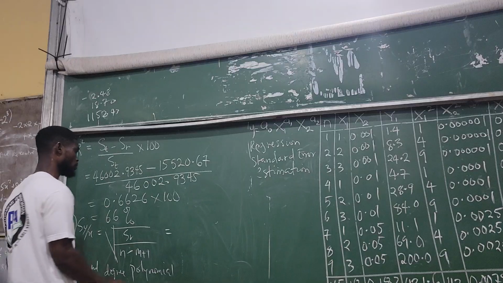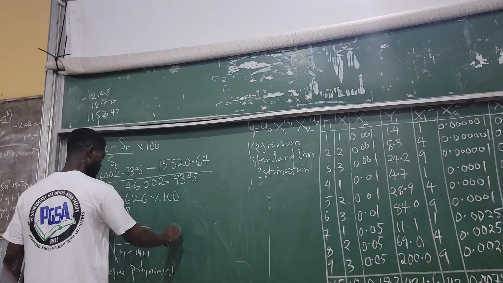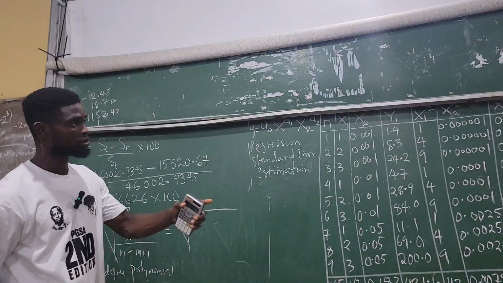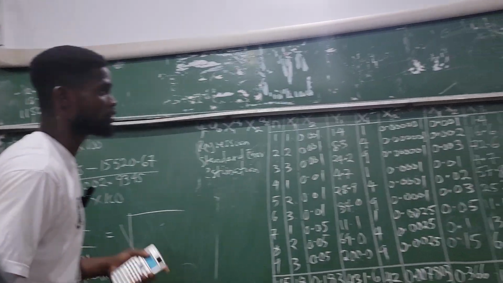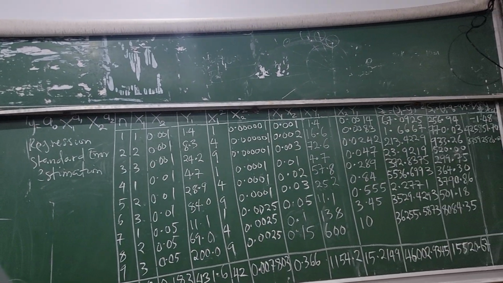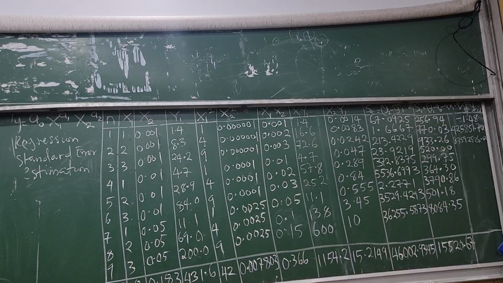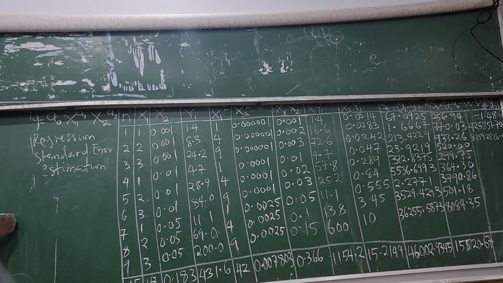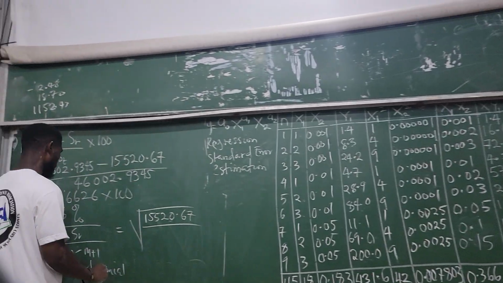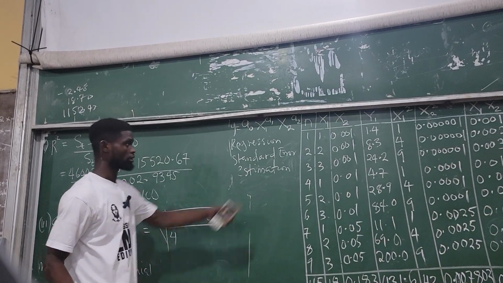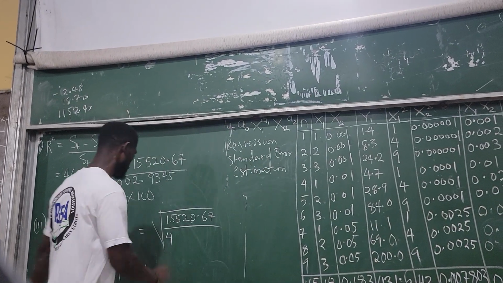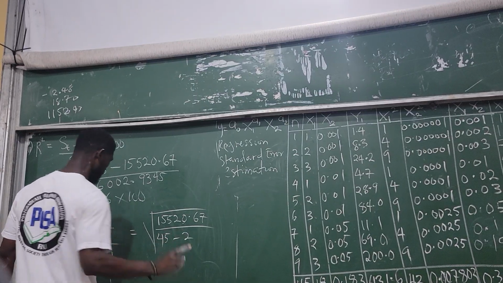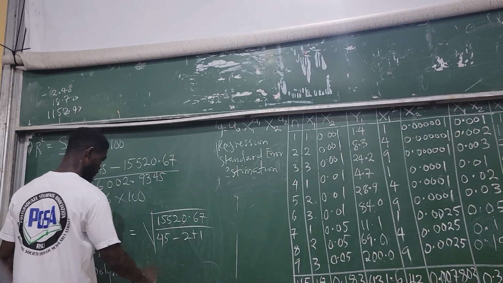So therefore you're going to have square root of xr is what? Your xr is what? Call it for me. That's 15520.67 divided by our n is 45 from our sample size. Our n is 45, so we have 45 minus our m is 2 because second degree is 2 plus 1.